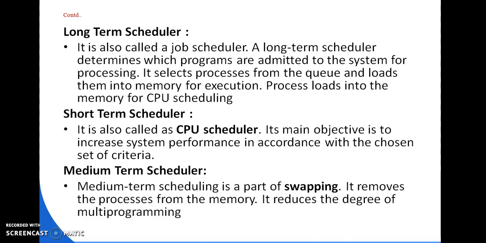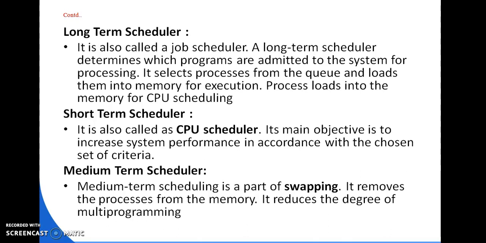So, there are 3 types of scheduler: long-term scheduler, short-term scheduler, and medium-term scheduler. The long-term scheduler, also known as the job scheduler, determines which programs or processes are admitted to the system. The short-term scheduler works within the processor area.